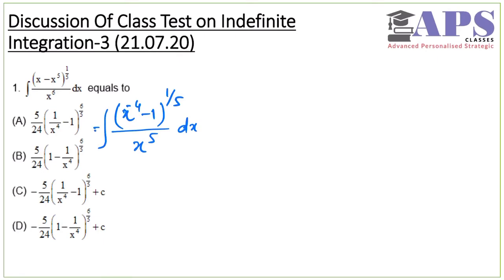Now here you can very well understand that if I put x to the power minus 4 minus 1 equal to t to the power 5, then I will get minus 4 into x to the power minus 5, which is nothing but minus 4 by x to the power 5 dx equal to 5 t to the power 4 dt.